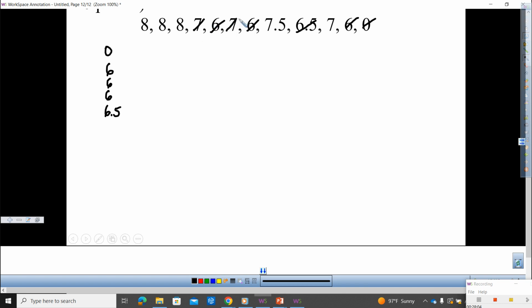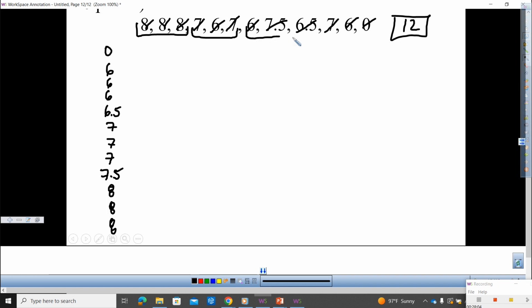Then 7, 3 of them. Then 7.5. Then 8, 3 of them. And how many different groups were there? 12, is that correct? 1, 2, 3, 4, 5, 6, 7, 8, 9, 10, 11, 12.